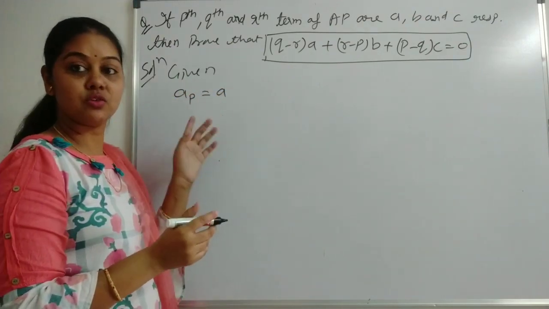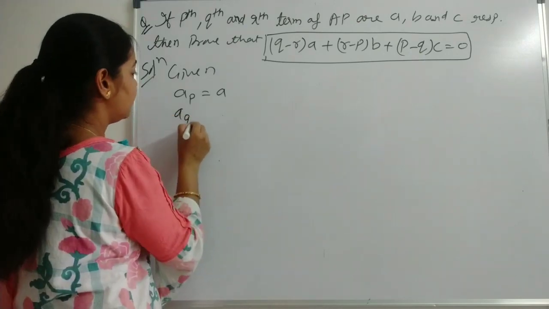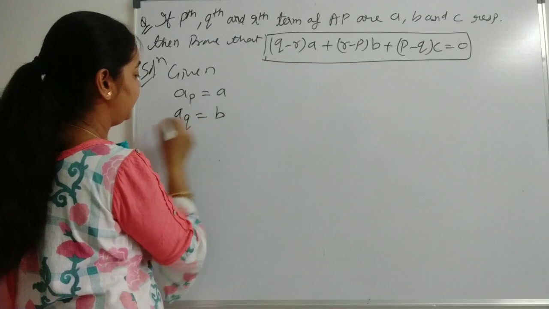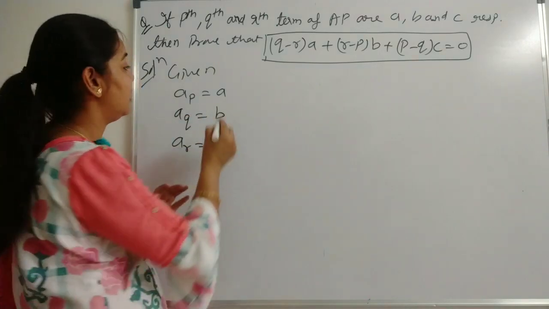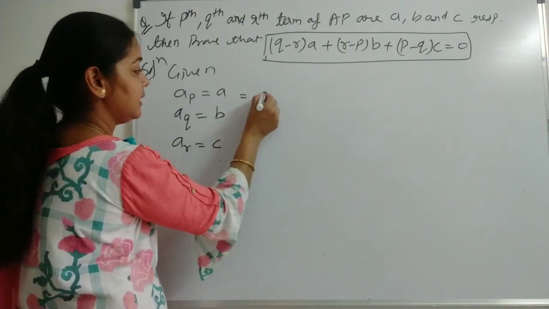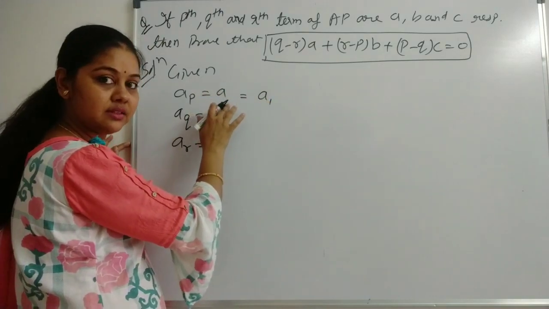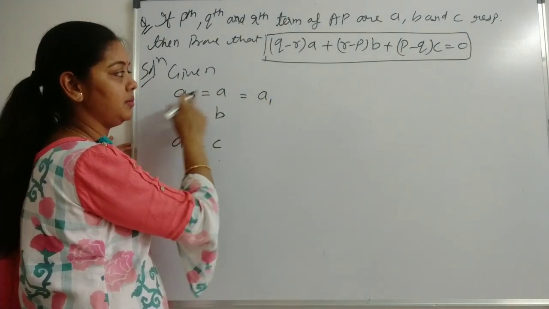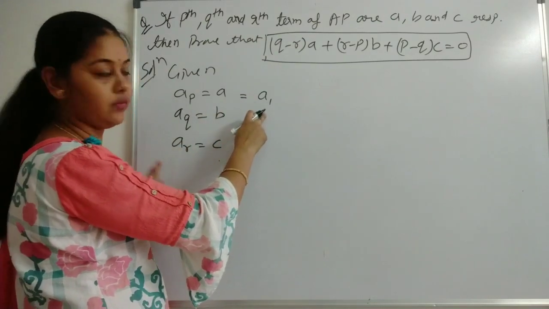So a means not the first term here, it means the pth term. qth term means b and rth term means c. Now, how can we represent the pth term? A1 means first term. Just remember that this a means the pth term. That's why I am showing the first term using the notation A1.